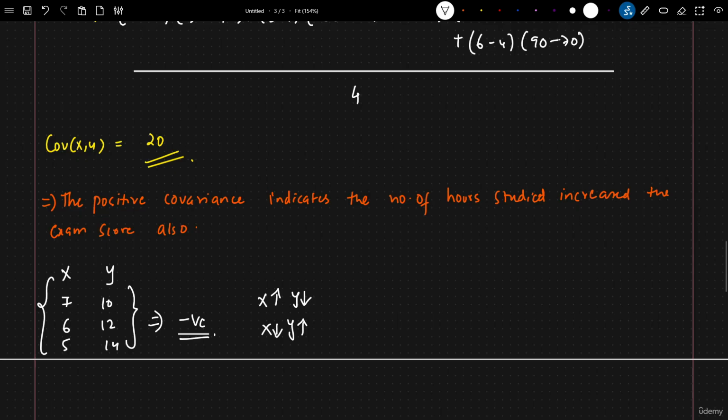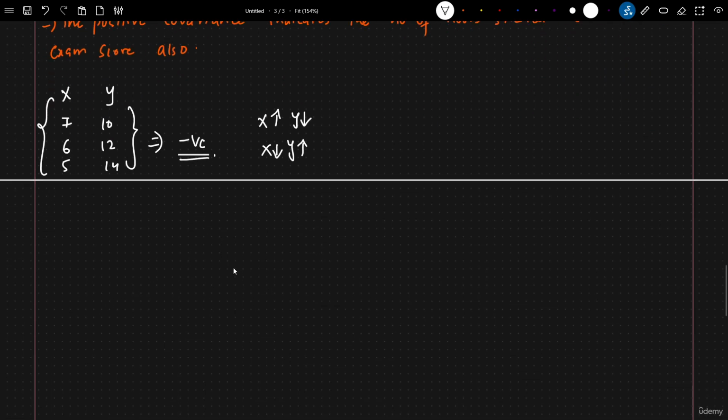Now let's talk about some very good advantages and disadvantages of using covariance. First of all, let's go with the advantages. The first advantage is that you'll be able to quantify the relationship between x and y.